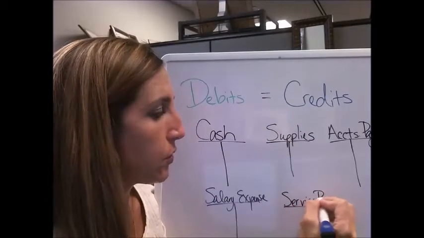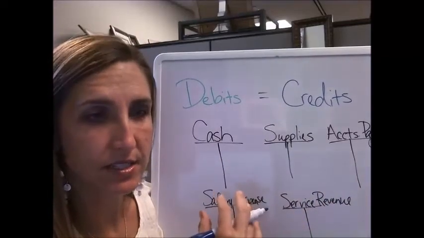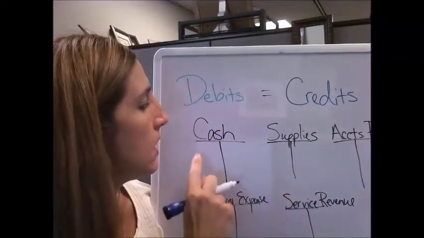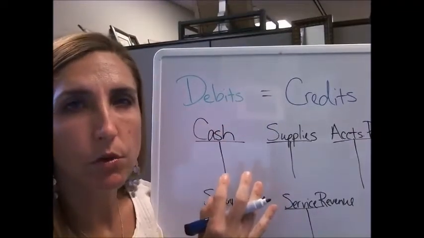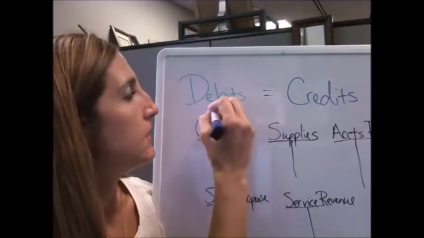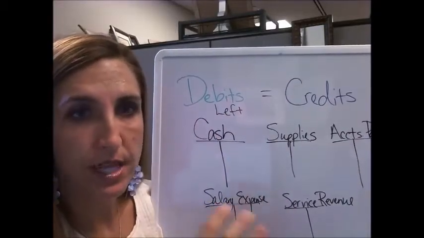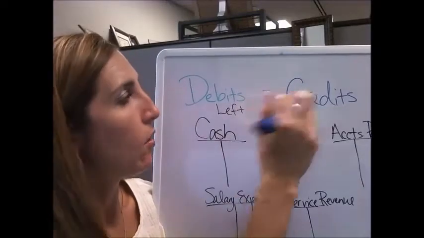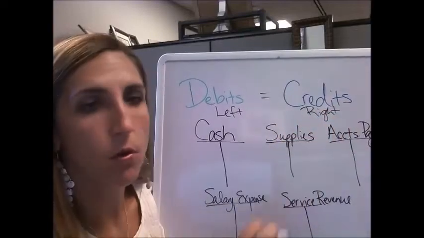And when I record a transaction, I'm going to put all of the debits on the left-hand side of the T, all the credits on the right-hand side. So this word debit, really when we're referring to a T account, means all of the numbers that are debited go on the left, and all of the numbers that are credits go on the right.